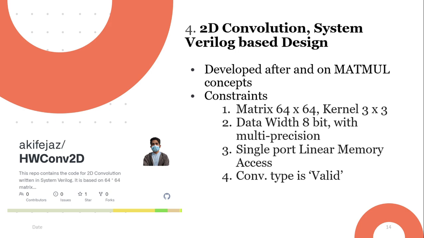The data width is 8-bit, and we have also made it multi-precision, which means we can change it to 16, 32 and 64-bit as per our need. There are a bunch of convolution types, and we are using the valid type because it doesn't have to deal with padding, and it is simpler than other convolution types.